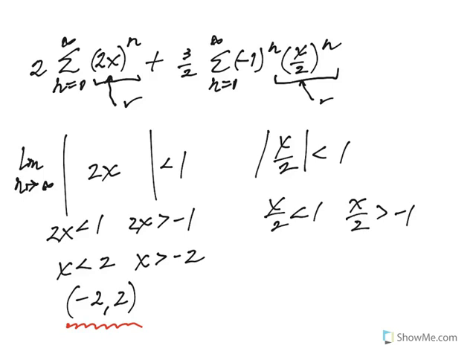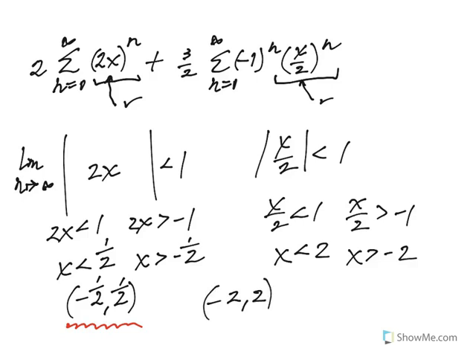The second one here, I actually just noticed a mistake here. This actually should be 1/2. Good morning, Mr. Carver. So it's -1/2 to 1/2, not including the endpoints, and this goes from -2 to 2, not including the endpoints.